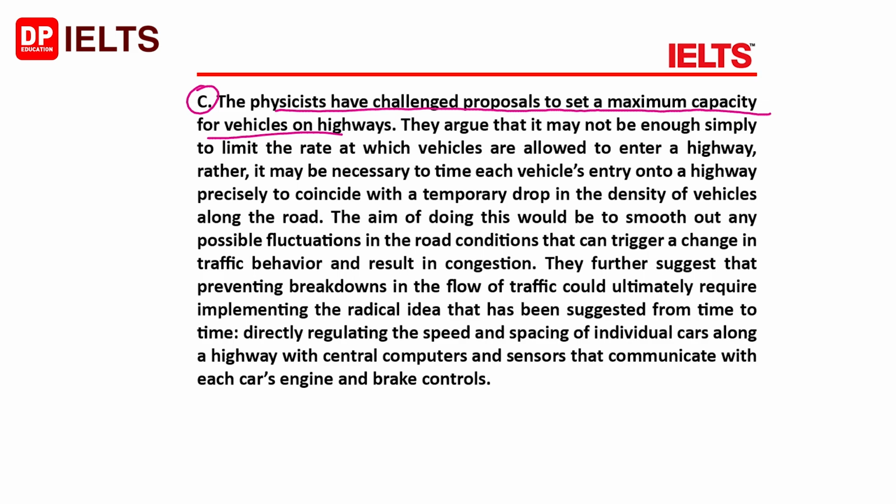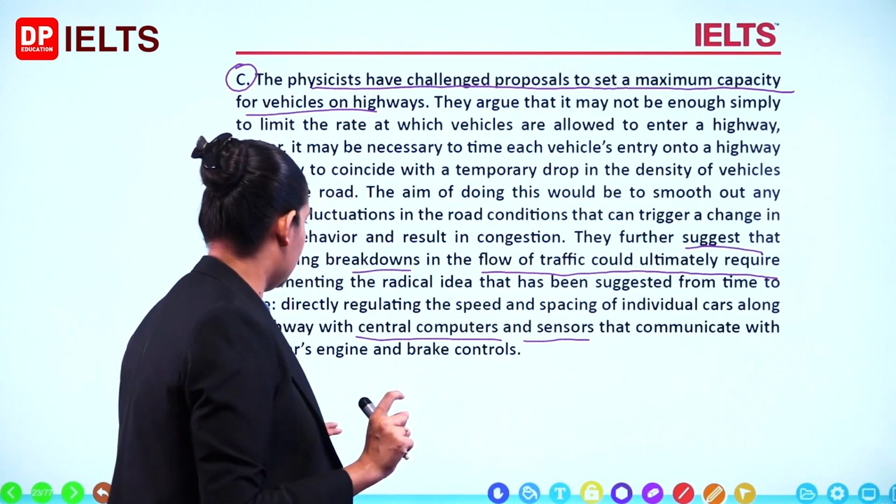And the last one, they further suggest that preventing breakdowns in the flow of traffic could ultimately require implementing the radical idea that has been suggested from time to time, directly regulating the speed and spacing of individual cars along the highway with central computers and sensors.